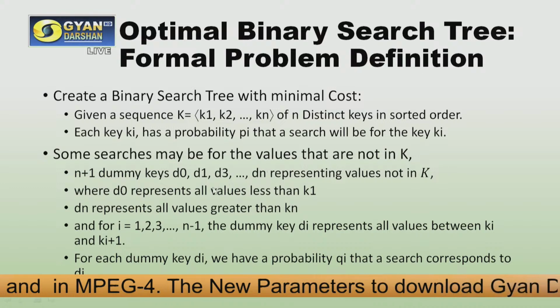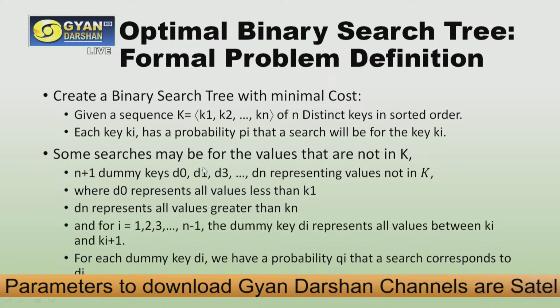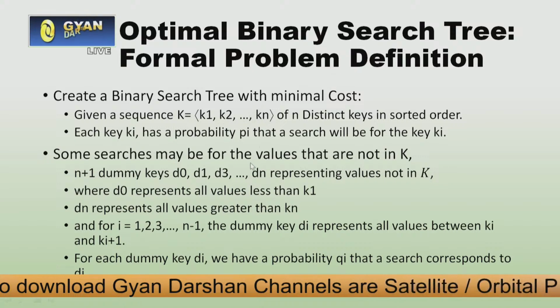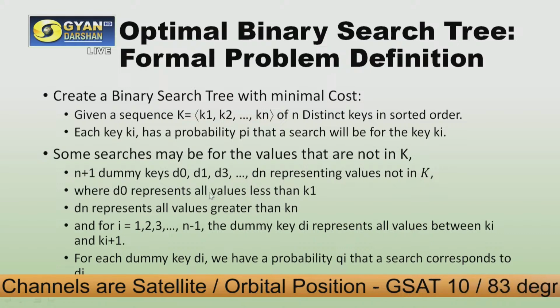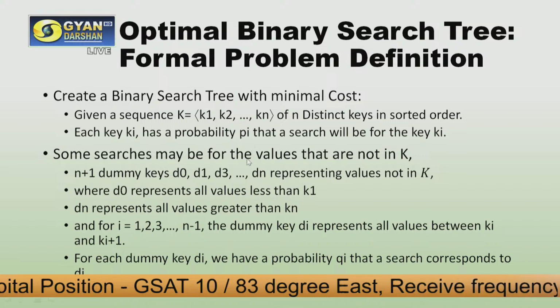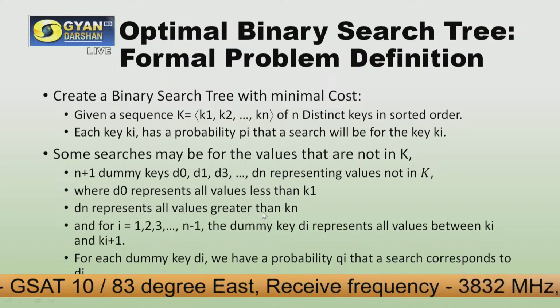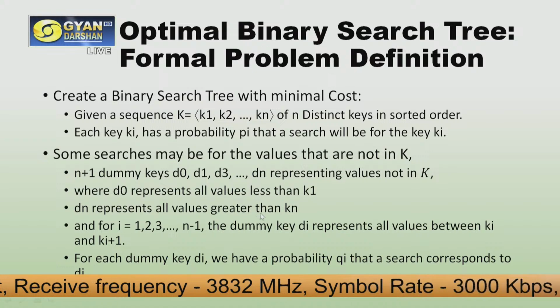So we have one more dummy key than the normal keys, representing values that are not in K, where D0 represents all values less than K1, and Dn represents all values greater than Kn.